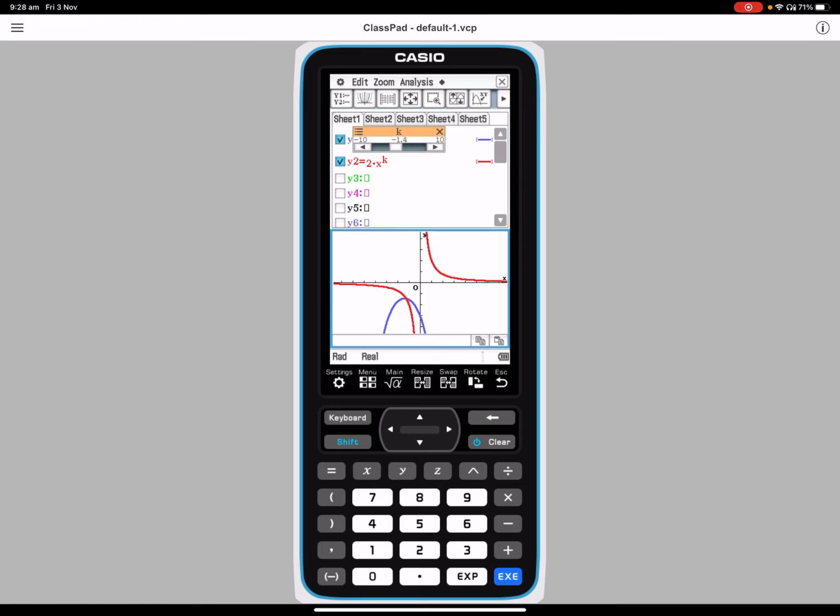The turning point of h always lies on the graph 2x to the n, where n is an integer. Okay, so we can only use integer values.